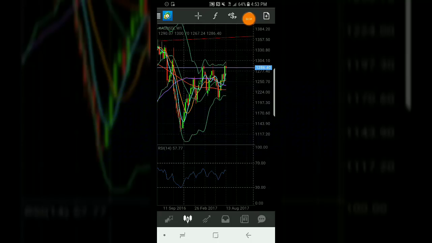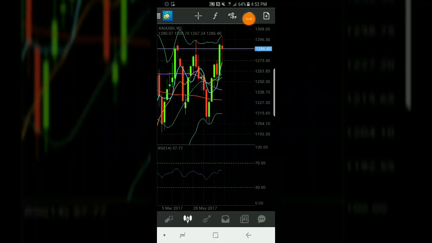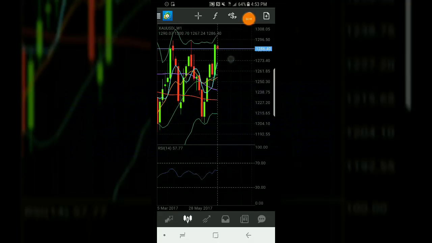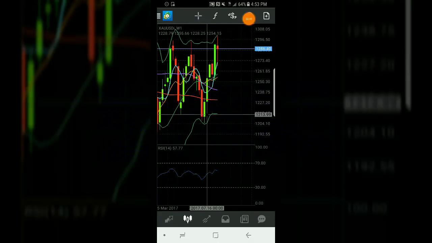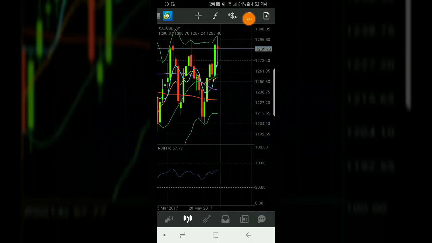So there's no major move that has taken place yet, but it is coming to bear. I believe this may pull back. It's caught that 5 MA right there, that light blue line, and so it is probably going to pull back. This is for the week, so the next candle is about to form for this week starting tomorrow, and it's going to start right here.